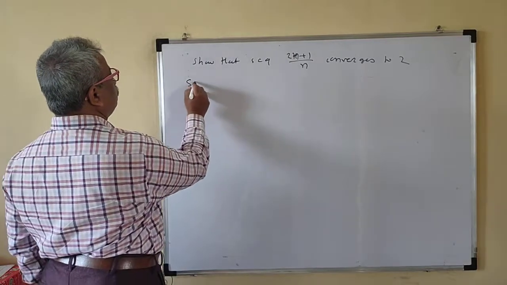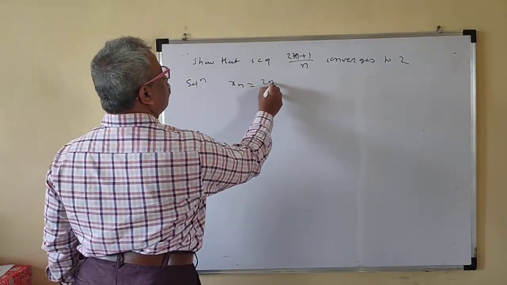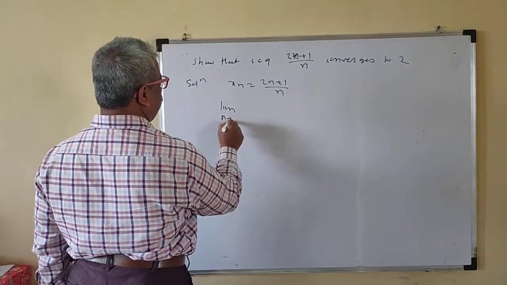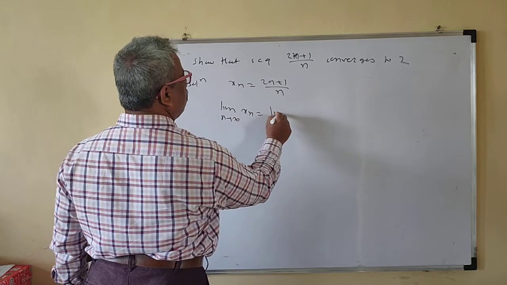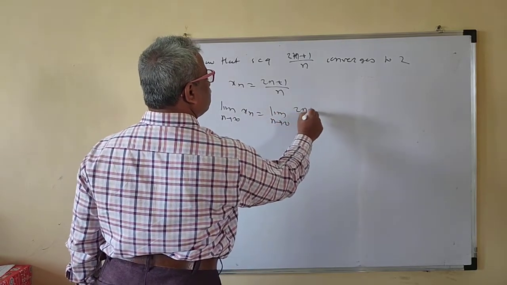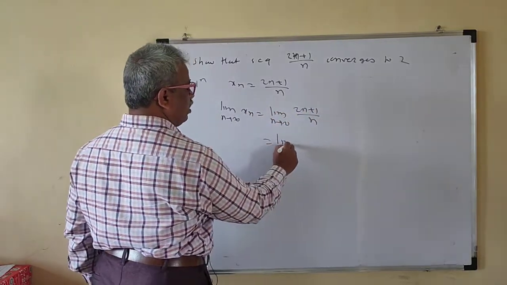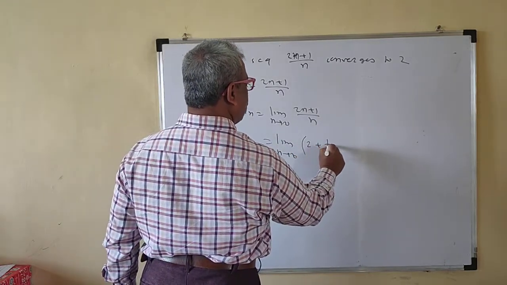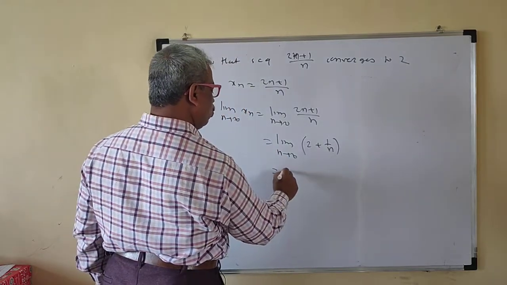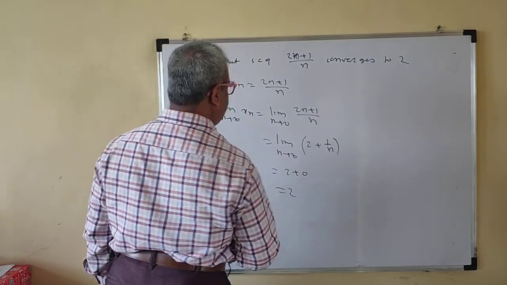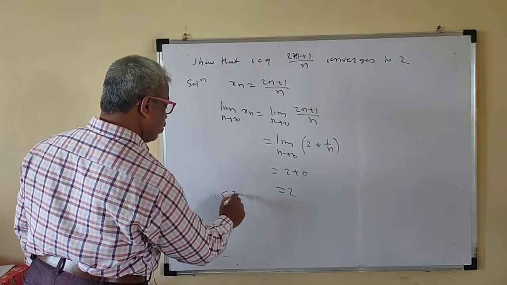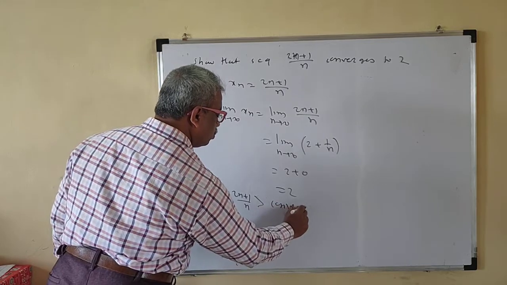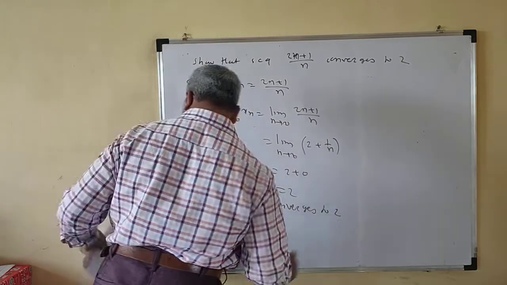Solution: xn is equal to (2n+1)/n. The limit as n tends to infinity of xn is equal to the limit of (2n+1)/n. I can write this as the limit of 2 plus 1/n. So this is 2 plus 0, which is 2. Therefore the sequence (2n+1)/n converges to 2.